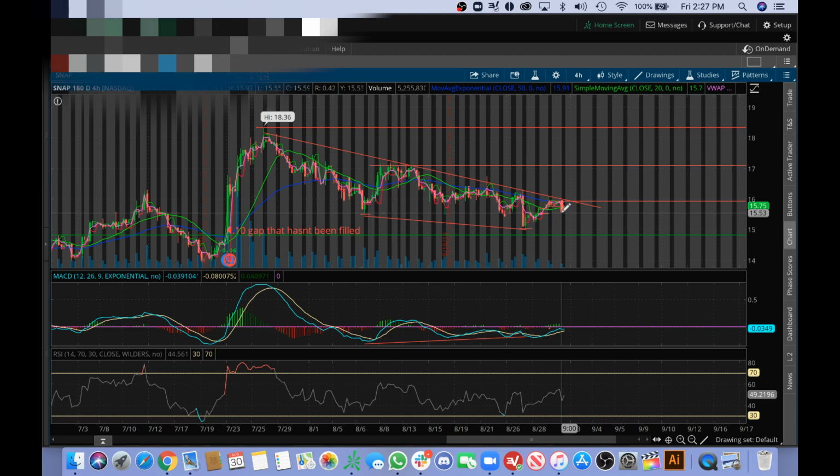If it surpasses that, then it's going to test this resistance level as previously tested here. Then once it surpasses these two resistance levels, it's safe to say that the stock can most likely go all the way to 1830, the previous high, or form a new high. We'll see what happens.